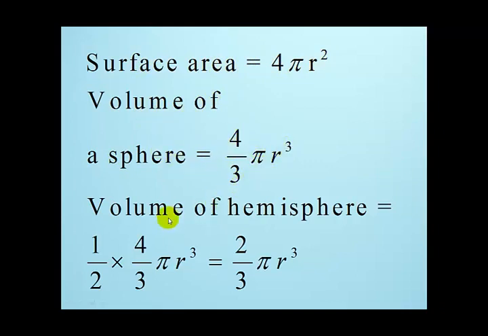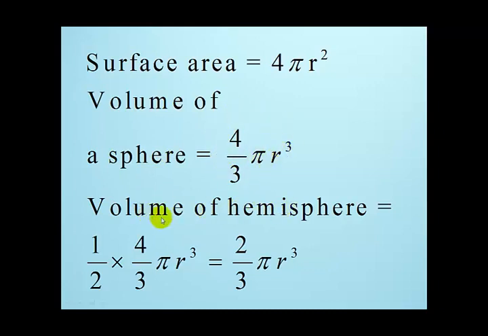Now if you want to find the volume of a hemisphere, take note, the hemisphere is half of the sphere. So if the volume of the sphere is 4 over 3 pi r cube, then the volume of the hemisphere is half of 4 over 3 pi r cube.